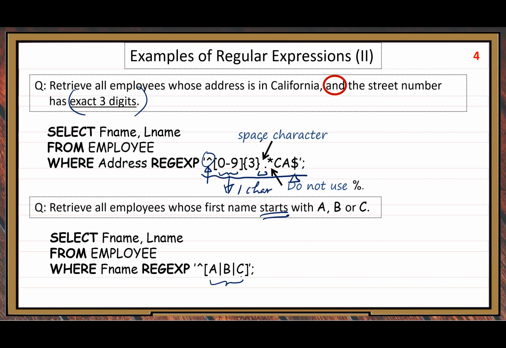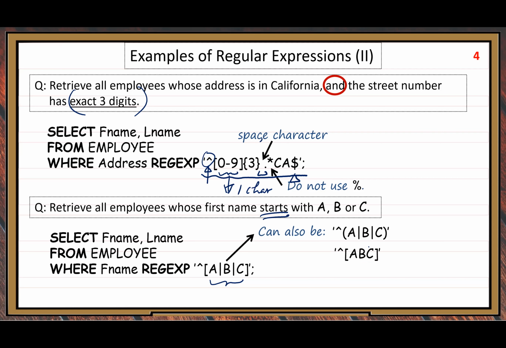But this pattern, we have several different ways to describe. One way is to replace the square brackets with a pair of parentheses. That's also okay, a small change.